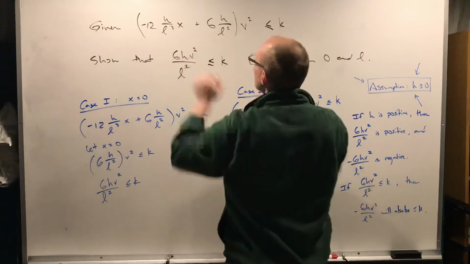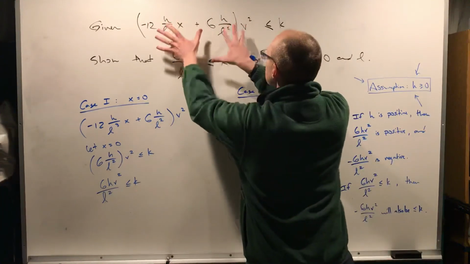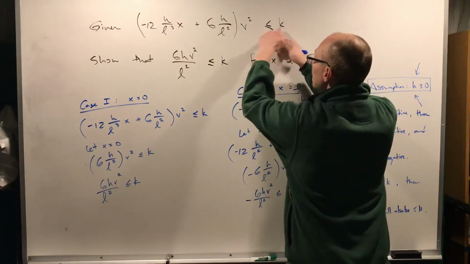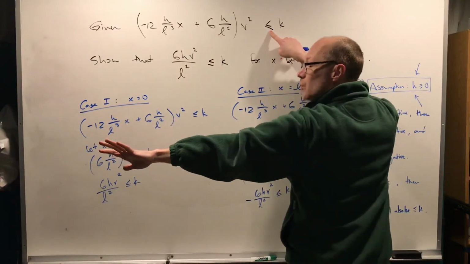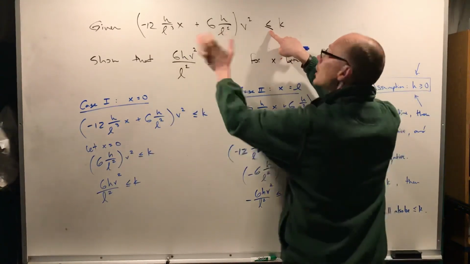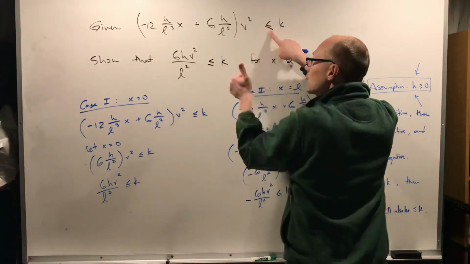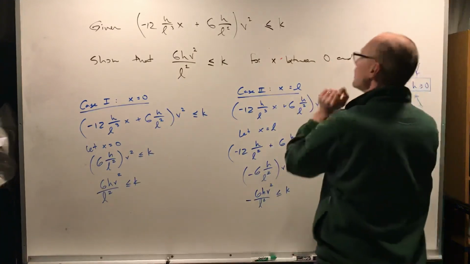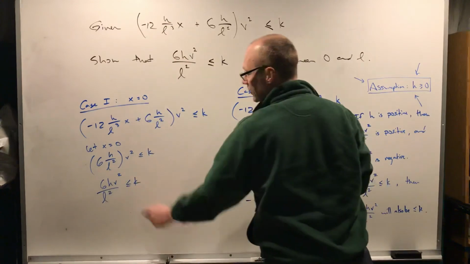We're concerned about it always being less than or equal to k. We don't care if this is negative a billion. We want to know what its maximum is, and as long as its maximum is less than or equal to k, then we're good. What is the maximum of this under these conditions? The maximum is when x equals 0, allowing this to drop out, giving us this right there.